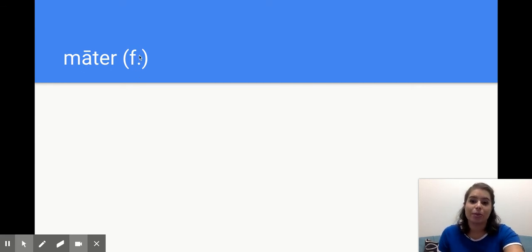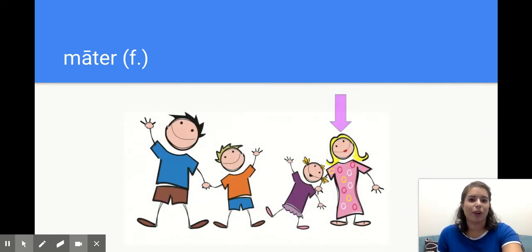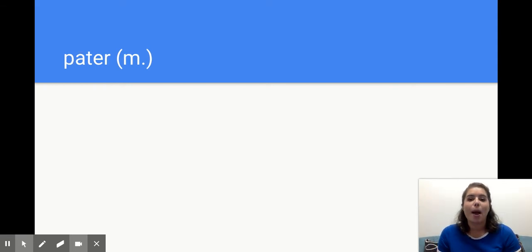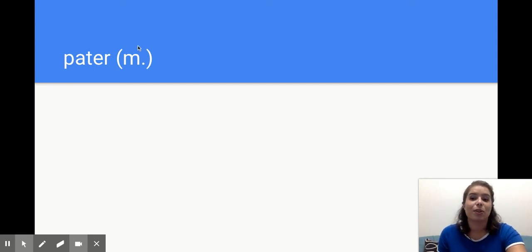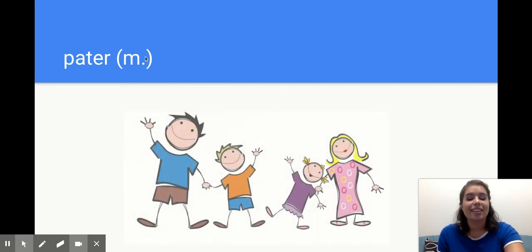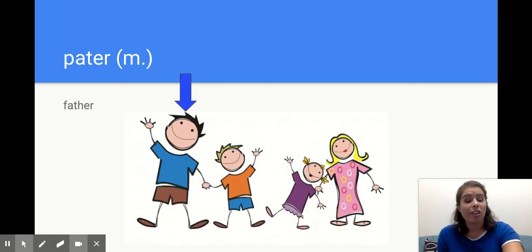Mater, as we can see, is a feminine word. This is our Latin word for mother. Pater. Pater. This word is a masculine word, hence the M. And this is our word for father.